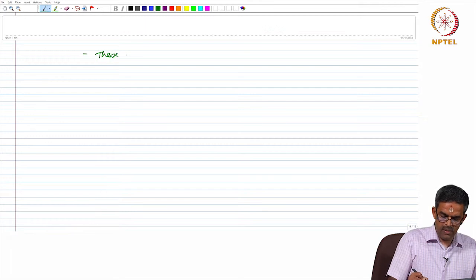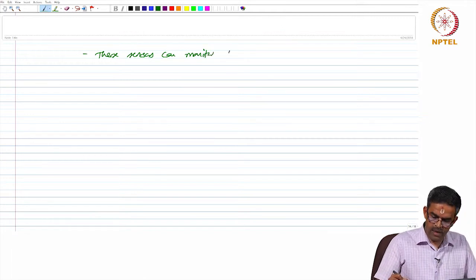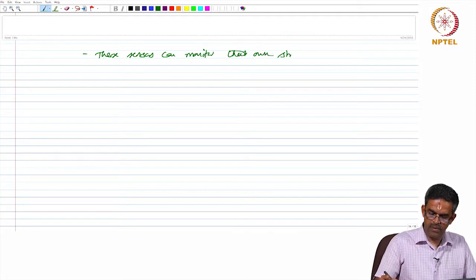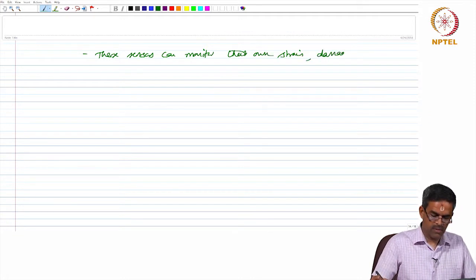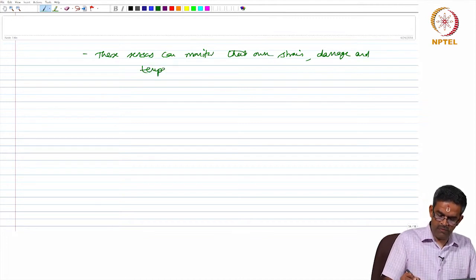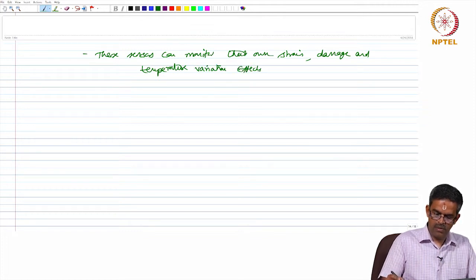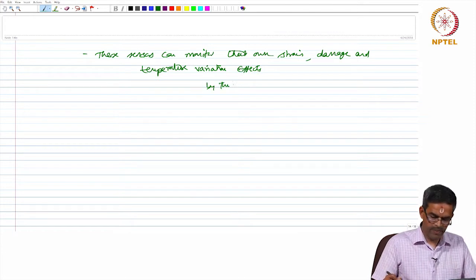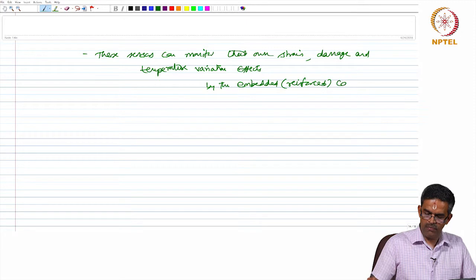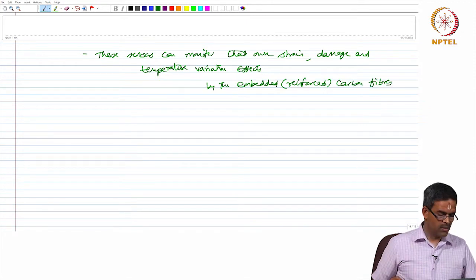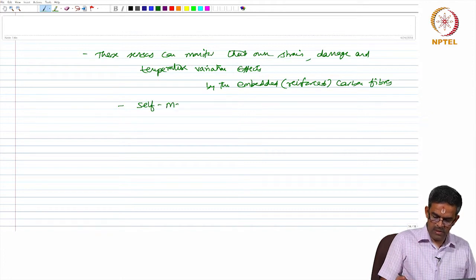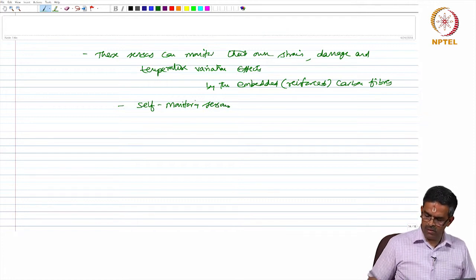These sensors can monitor their own strain, damage and temperature variation effects, by the embedded or reinforced carbon fibers, which act as self monitoring sensors. Okay.